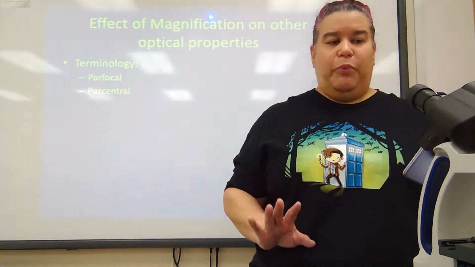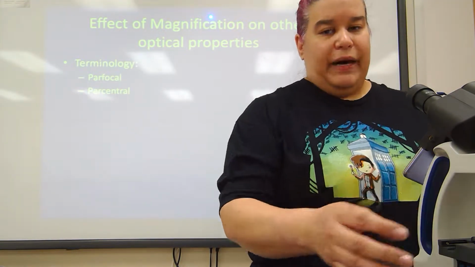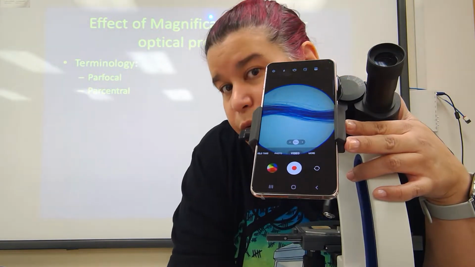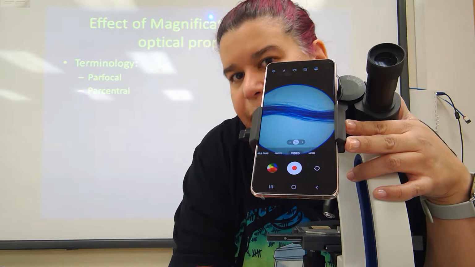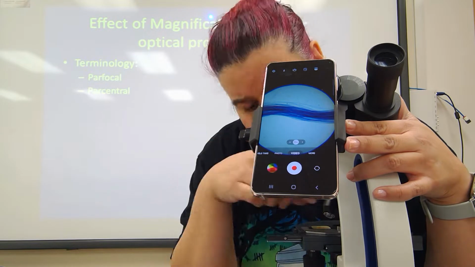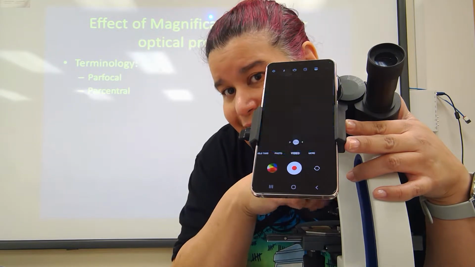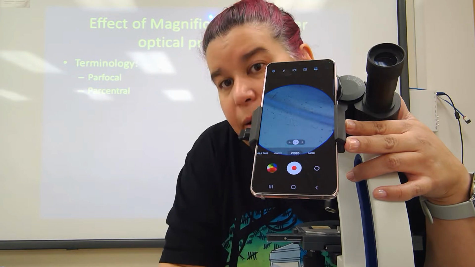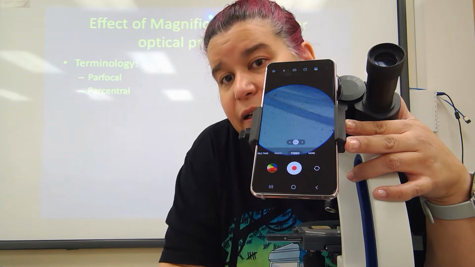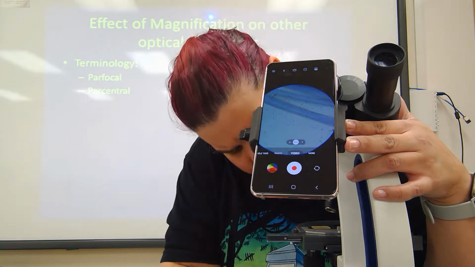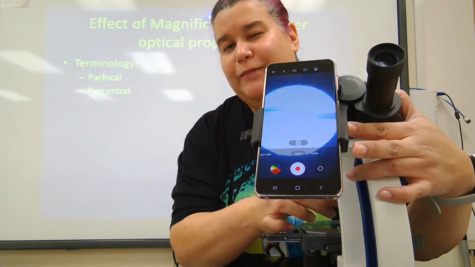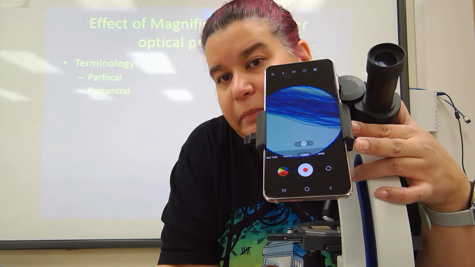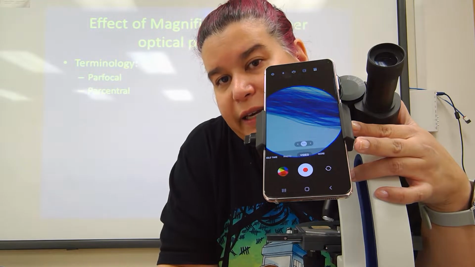And we just went through parfocal and parcentral, but give me 1 second. So here is our blue thread, technically centered and in focus at 4x. When I move to 10x, it's not necessarily in focus anymore, but I don't have to move it very much for it to come back into focus.